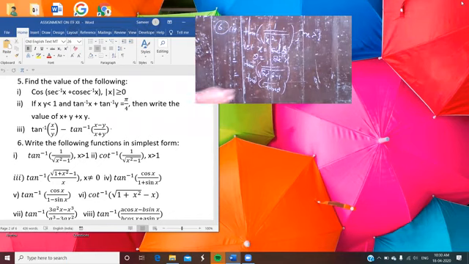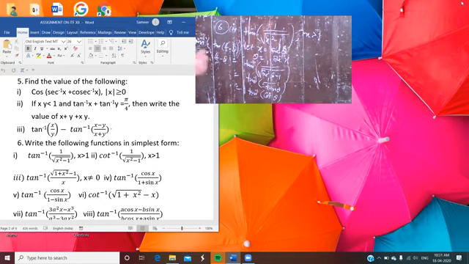And tan inverse 1 by tan theta is equal to tan inverse cot theta. Now cot can very easily be converted into tan. So that can be written as tan inverse tan of pi by 2 minus theta. That is equal to pi by 2 minus theta.